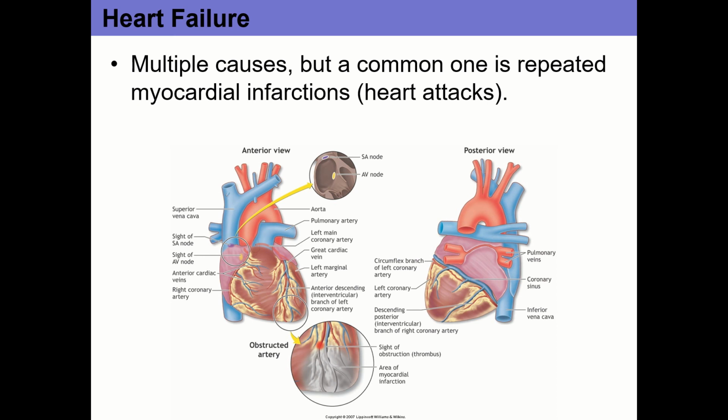And so it can be kind of this downward spiral where they have one heart attack, maybe a second heart attack, and then that leads to progressive loss of myocardium. The heart doesn't function as well, doesn't pump blood as well, and so because of that, you get a slowing down of blood flow, fluid accumulation in the lungs, etc.